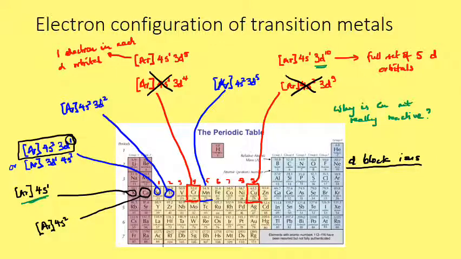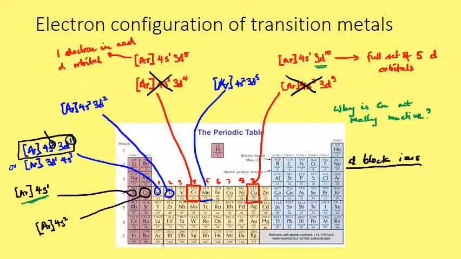So when it loses its first electron to form an ion, that's the electron you'd expect it to lose, isn't it? It's the electron in the highest energy level. But it doesn't, and nor do the other d block elements when they form ions. The first electrons that they lose actually come from the 4s shell.